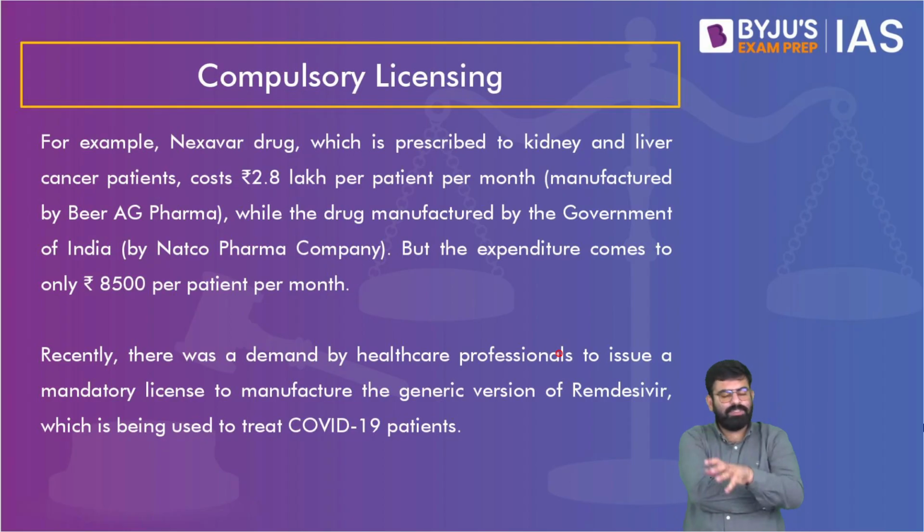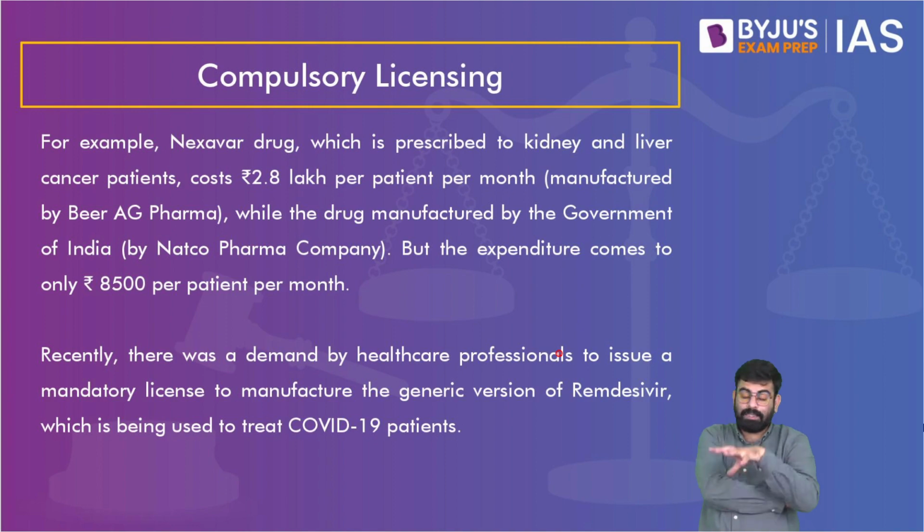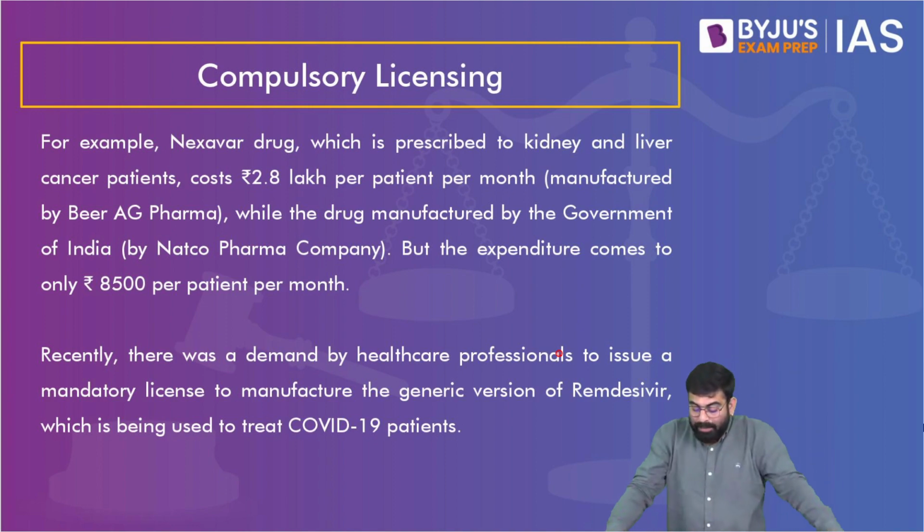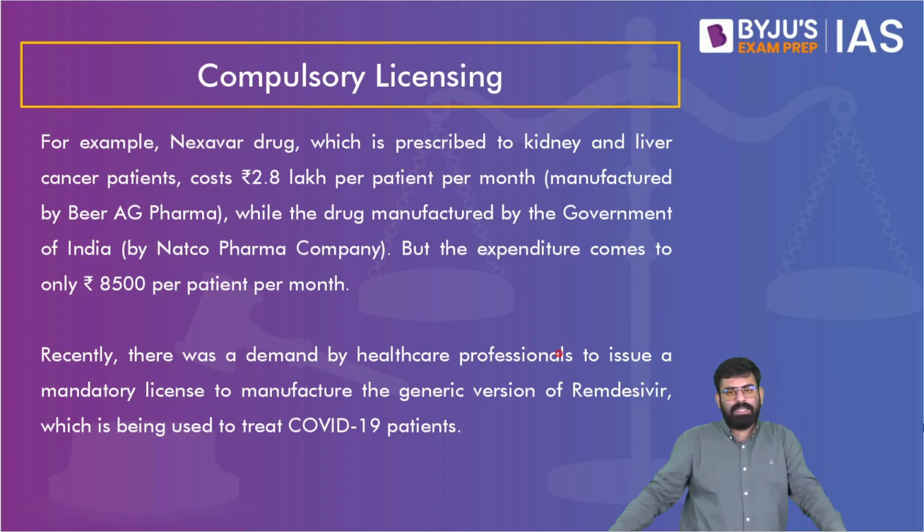So as long as we do not conduct a lot of research in India, and particularly in our public institutions, we would not be able to bring down the prices of these medicines. Compulsory licensing is one way, but again, it is limited. It is only in the cases of extreme necessity. But we have to think about bringing down the overall prices of medicines.